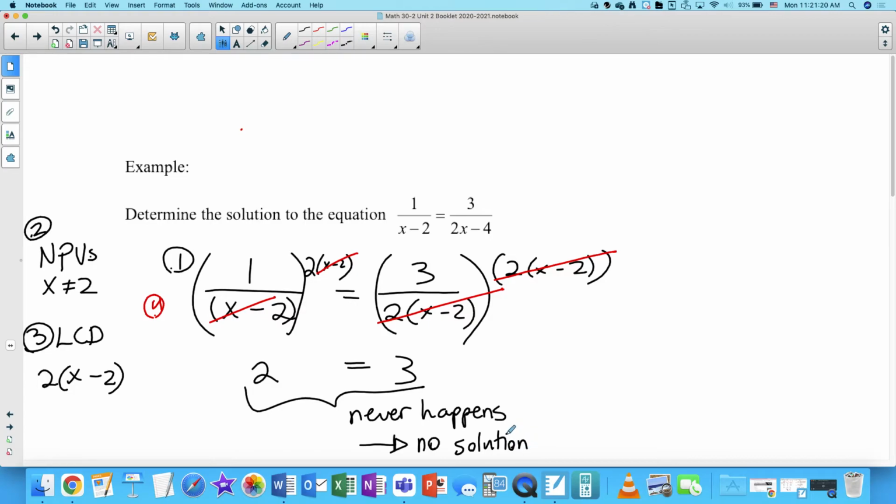Now, I do want to show you another way you could look at this, although I hesitate to do that because in my experience, how should I say that, it can cause problems. It can make people make mistakes. You could cross multiply.